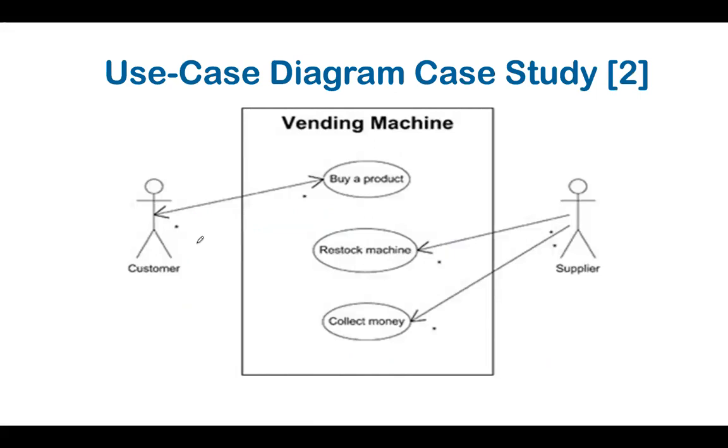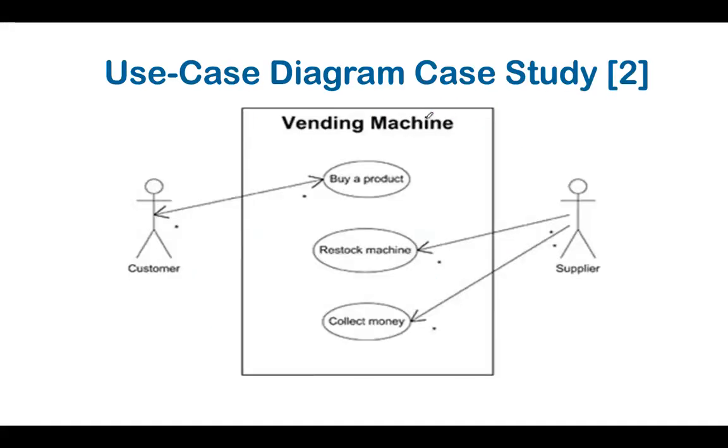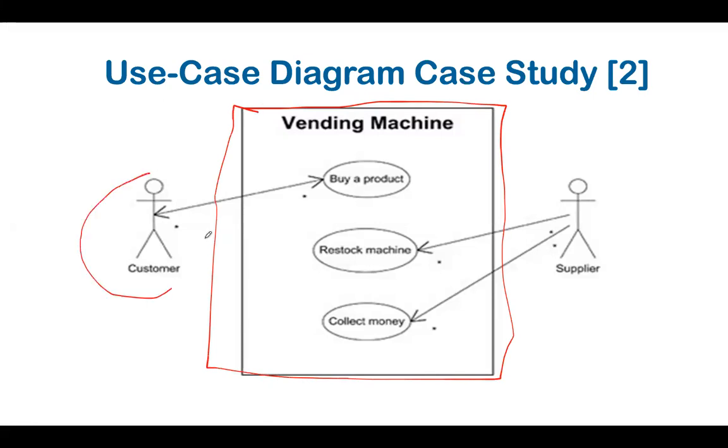So we have the entire system, or our system, as the vending machine. As you can see, this is the system we are trying to design, in a rectangular format. But then we have actors, where we have the customer. Then we have another actor called the supplier.